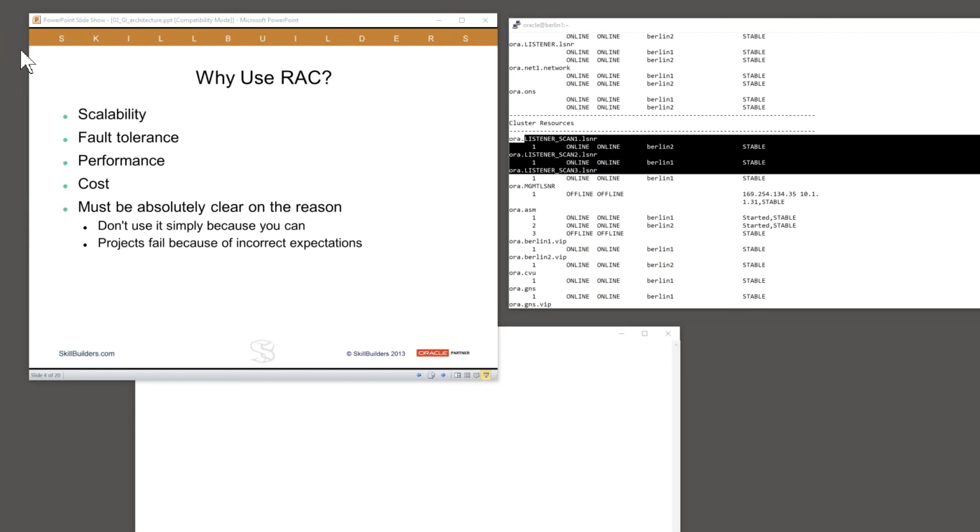You need absolute clarity on how you're using things like partitioning, if you're using it, and how you're using parallel execution. The communication between the instances is vital.